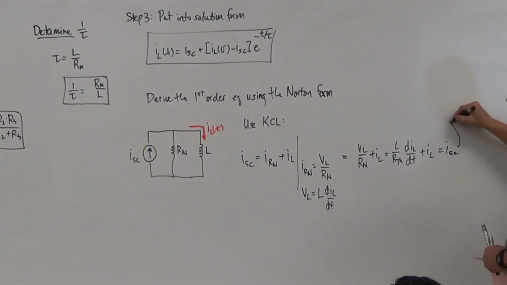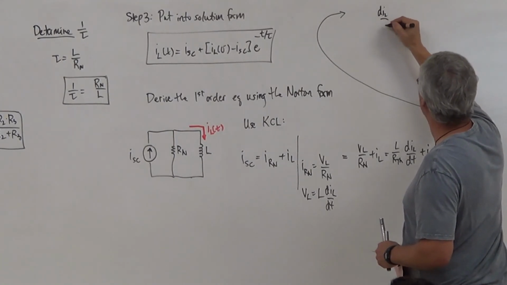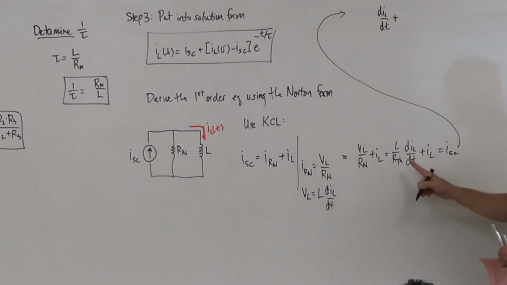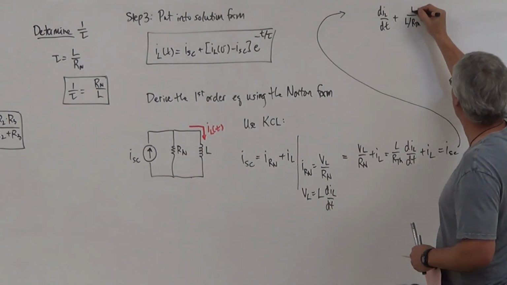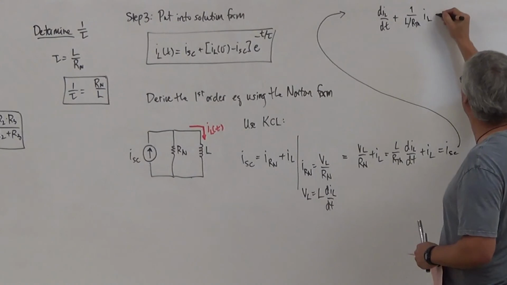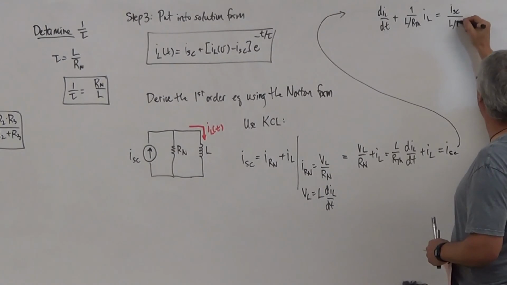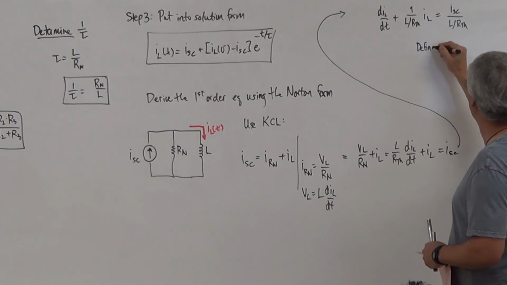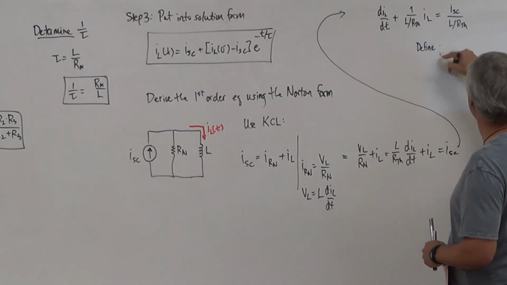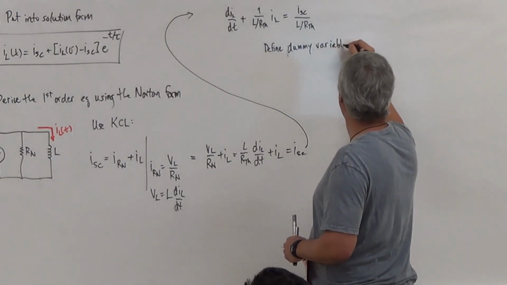If I take this equation and redraw it, where I divide both sides by the value L over R, you're going to see that I get L over RTH dI/dt plus IL, which is equal to I short circuit. Now if I define dummy variables, like I did before, here's what I'm going to do.